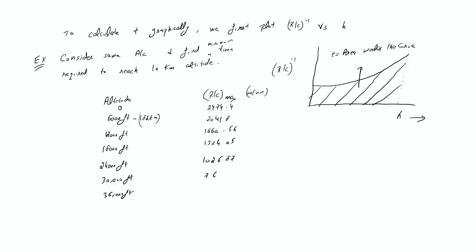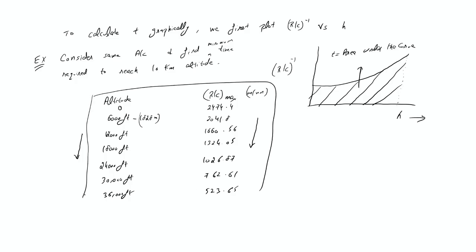Then we have 762.61, and then we have 523.65 meters per minute. So have you noticed one thing? As the altitude is increasing, your maximum rate of climb will obviously reduce, because the maximum excess power is reducing. Alright. So this is the table that I have obtained: at different altitudes, what is the maximum rate of climb?